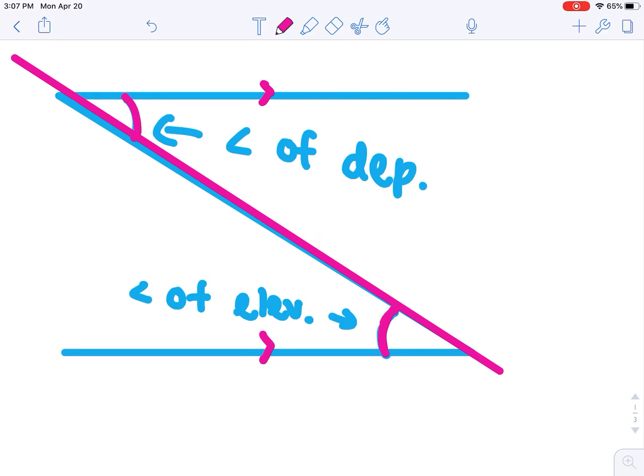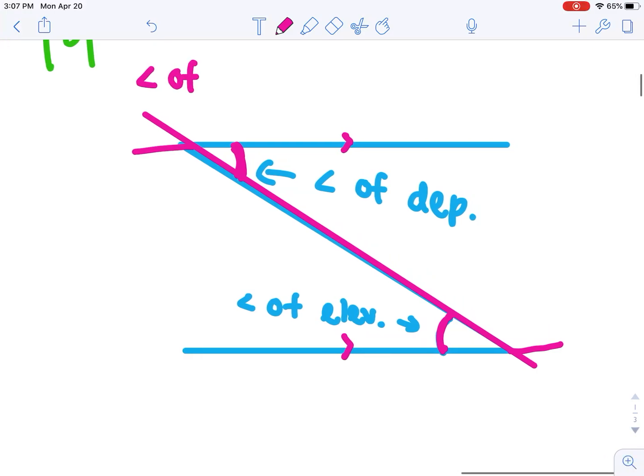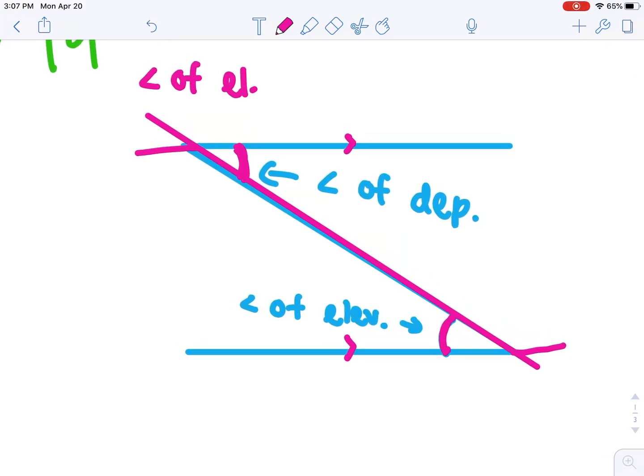What do we know about these two angles? We learned that back in, I think, topic 2. If we were to continue these lines out this way, it might help. Those are alternate interior angles. And we know alternate interior angles are congruent, which means our angle of elevation is equal to the angle of depression.